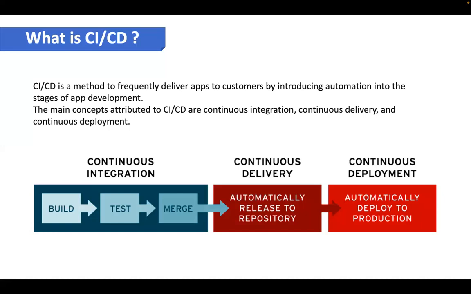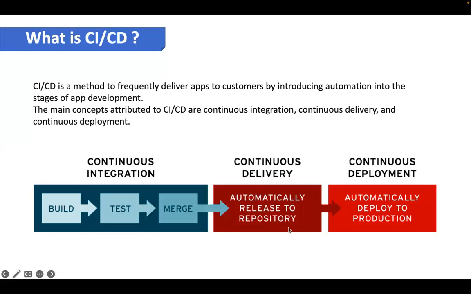Don't worry about that. Now we see here, there is continuous deployment. What does it do? It automatically deploys to the production environment. When we automatically deploy or release the build product, the final product, the application, the binary file, to the production environment, that's called continuous deployment.